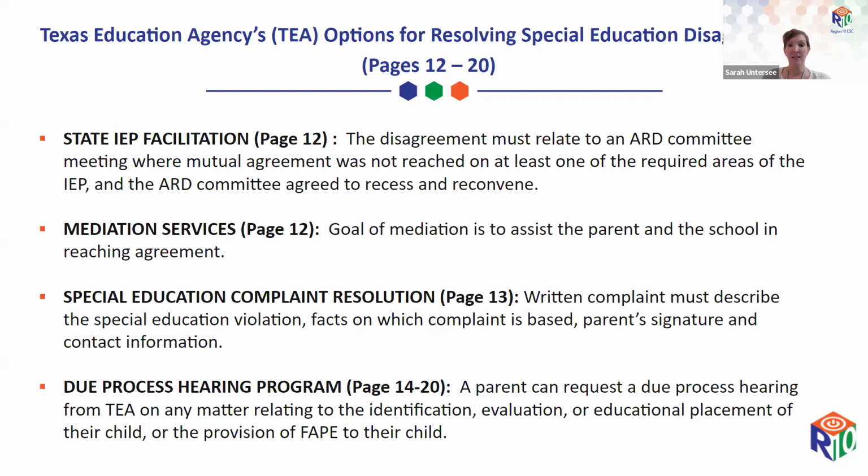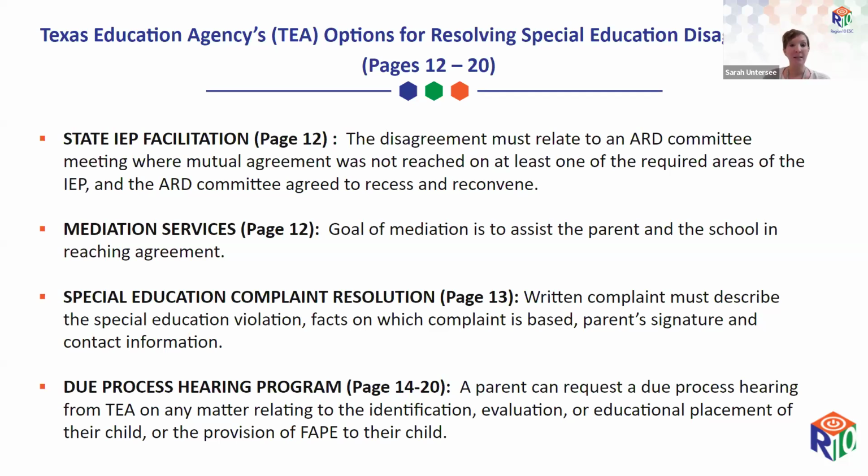Mediation services. The goal of mediation is to assist the parent and the school in reaching agreement. Special education complaint resolution. This is a written complaint that must describe the special education violation, facts on which the complaint is based, the parent's signature, and contact information.